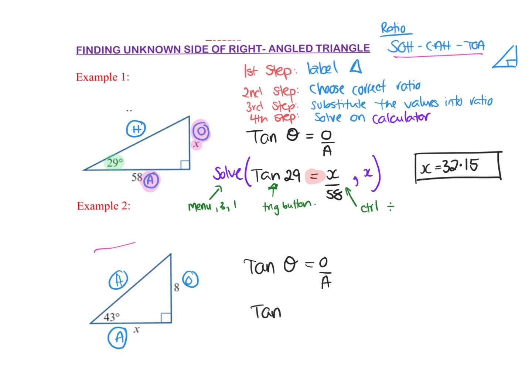So tan 43 equals 8 over x. Now we solve it in our calculator. You don't need to write out that you're doing solve. Really all you need on your paper is what's in black. What's in purple is me helping you to show what you need to put in the calculator, yeah? So let's do that one. I ended up with x equals 8.58.